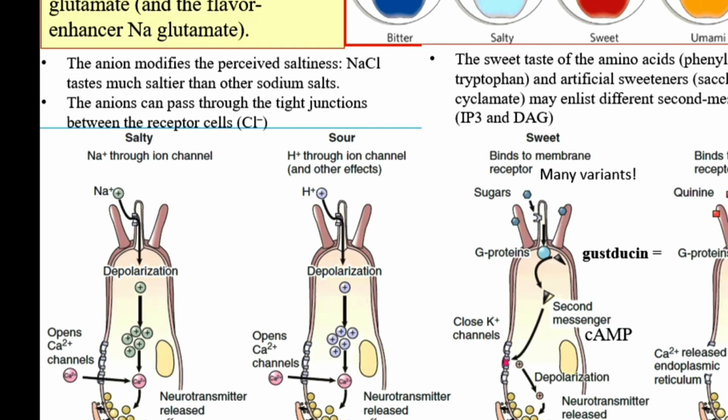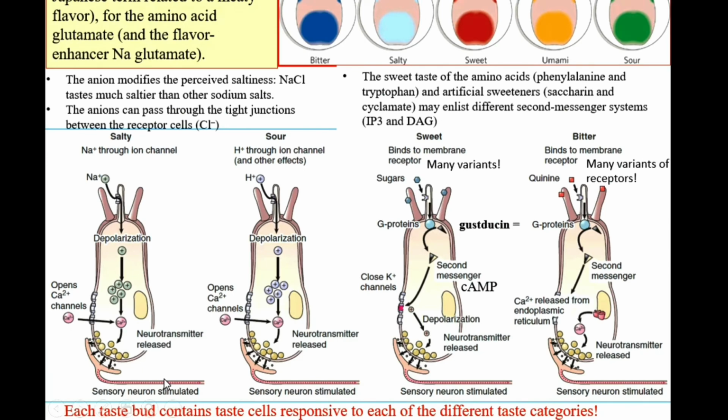Another role for this chloride is that these taste receptor cells, which are responsible for the taste, are attached together by proteins called claudins. They are responsible for the tight junction between the cells. This chloride goes through these tight junctions because it is small enough. It can pass through the tight junction, and then it can go out of this area.